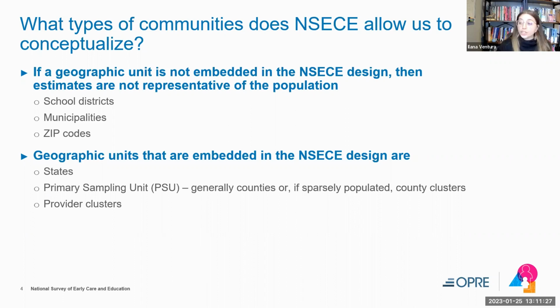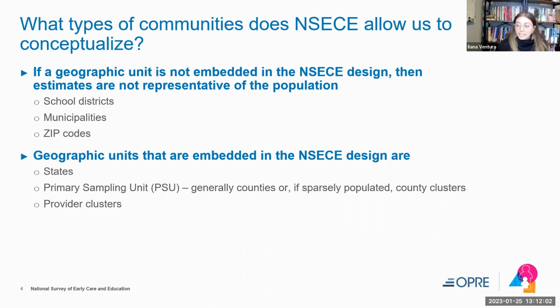A geographic unit that's unique to the NSECE, rather, is the provider cluster, which provides a powerful method by which to measure the supply of ECEs for households in that area. In other words, the provider cluster links households and their nearby providers, which can be useful for analysis of supply and demand of early care and education, or ECEs. We'll talk a little bit more about provider clusters in the next few slides.